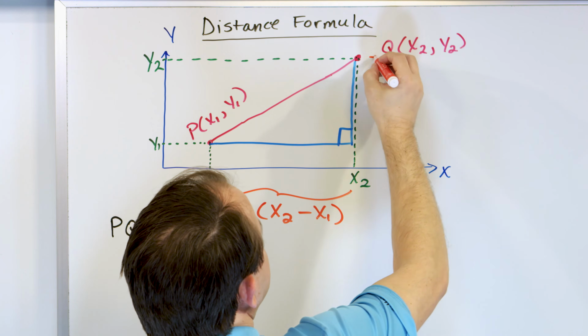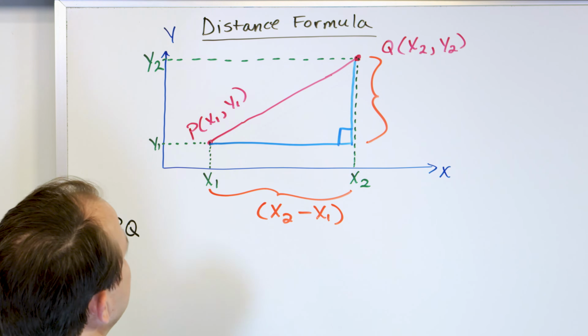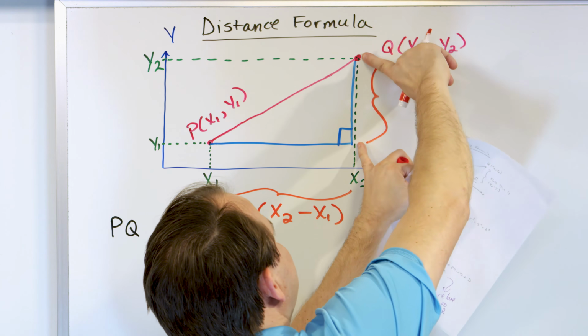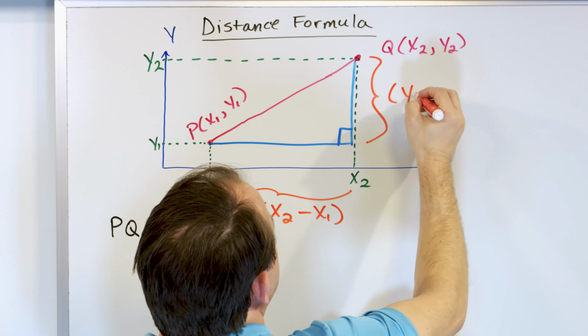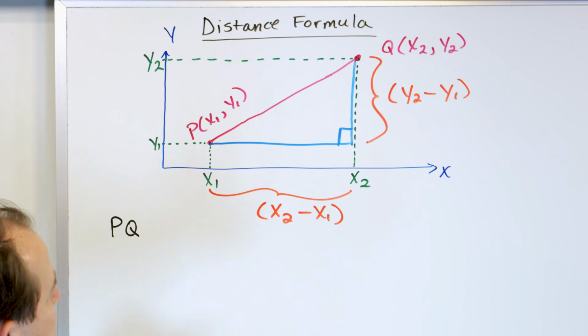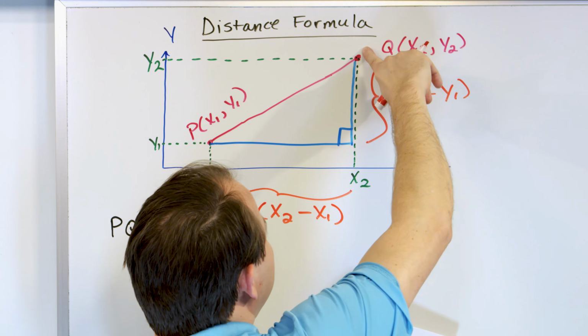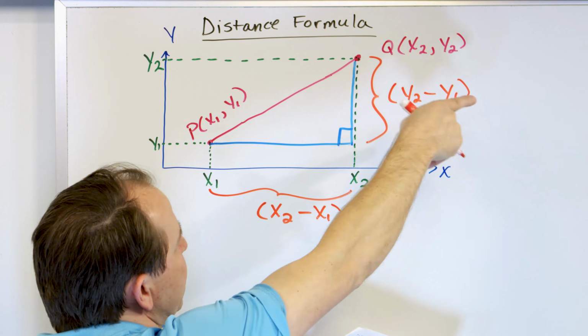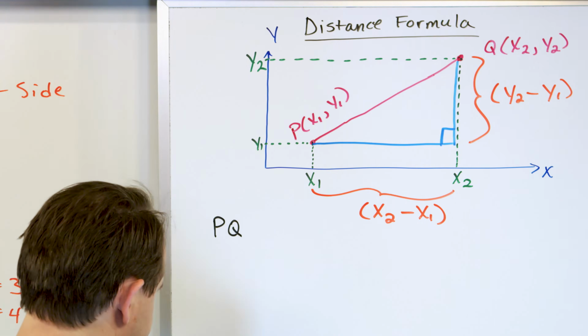And then this distance here is going to be what? It's going to be y2 minus y1, because that's the distance right here between these two points. So this is y2 minus y1, like this. If you want to put numbers on it, if y is equal to 10 here and y is equal to 2 here, it would be 10 minus 2, and you would have 8 units here.